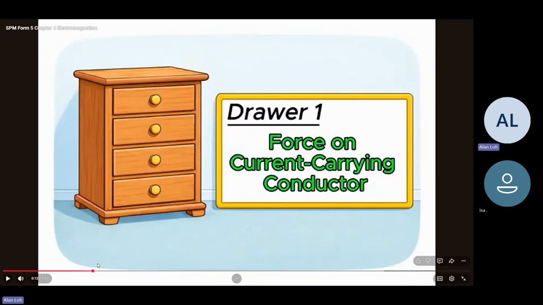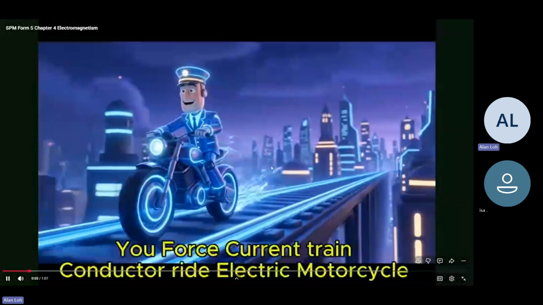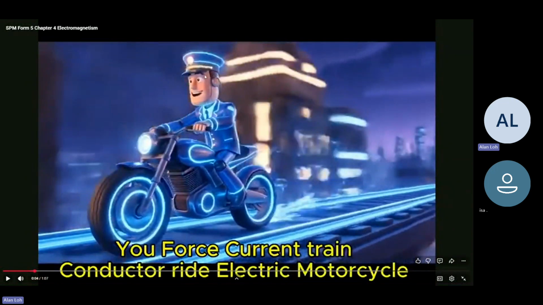Okay, so let me just break down a bit. You see, this is the train conductor. They dress something like this. So you force your current, which is the noun, train conductor, to ride electric motorcycle.